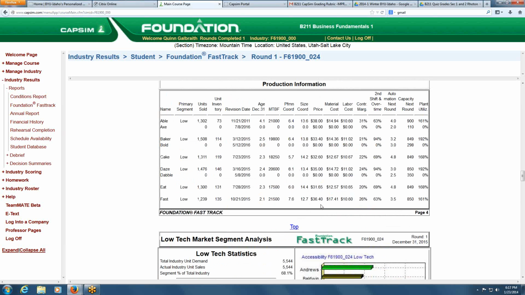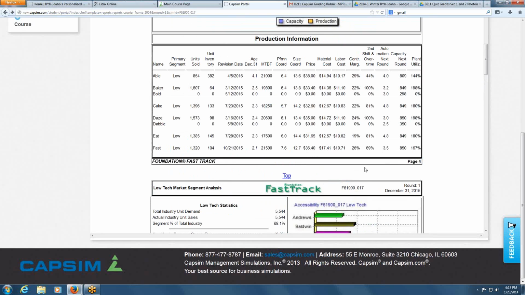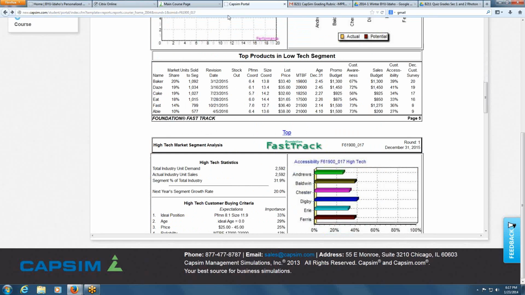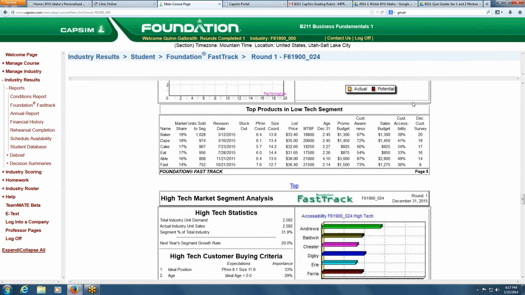So they were able to sell that much, keep the price the same, and do everything the same as this person over here. They did everything the same, but because their customer accessibility and awareness were better, they were able to sell more. That just goes to say how important customer awareness and accessibility is.